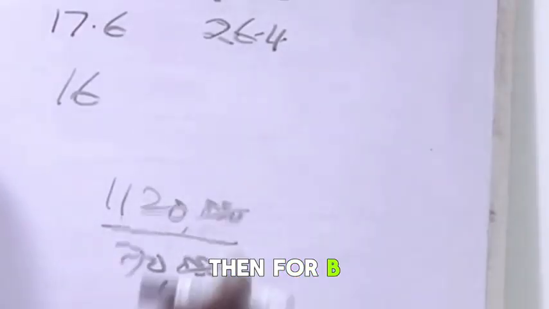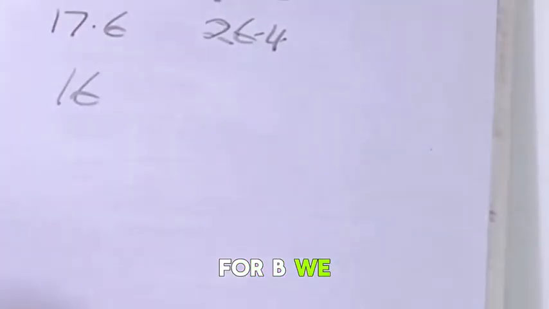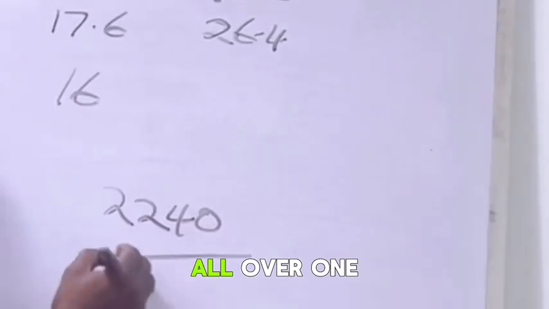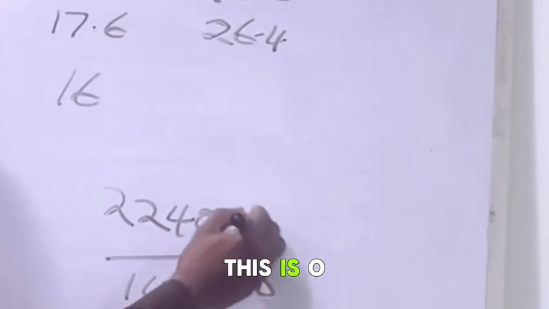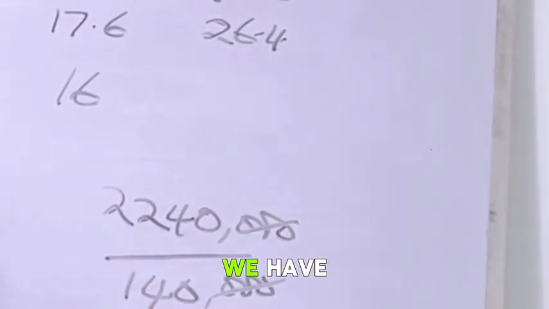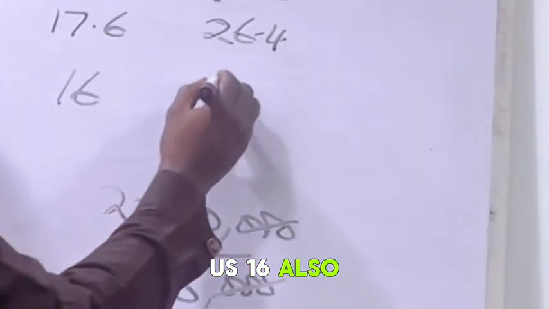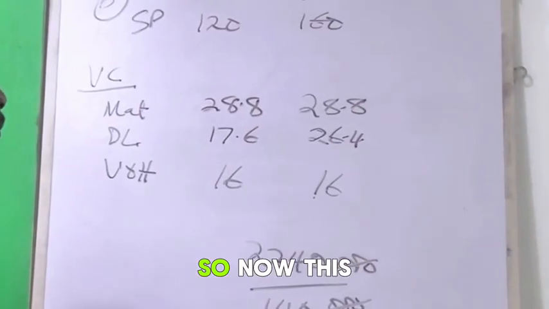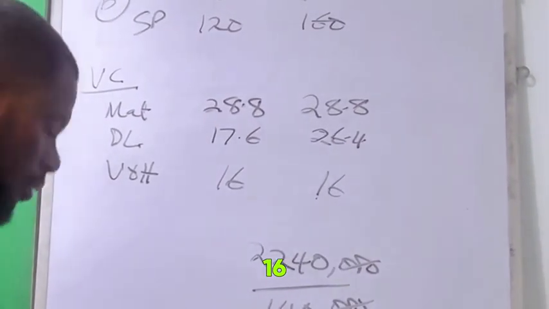And then for B, we have 2,240 all over 140,000. So we have 2,240 divided by 140, which will give us 16 also. So we have 16. Good.